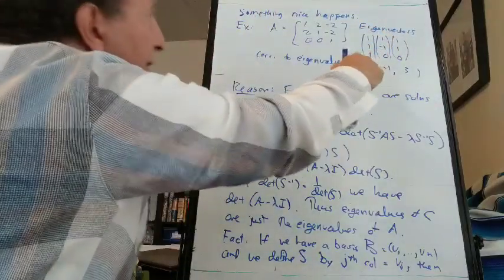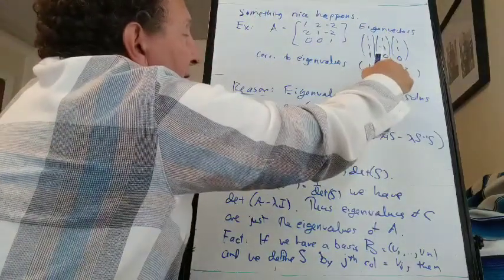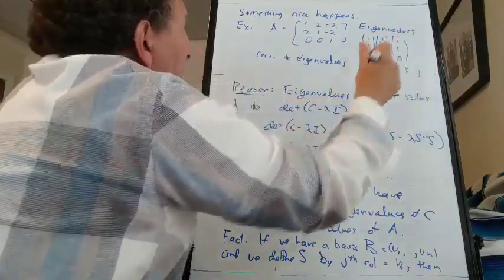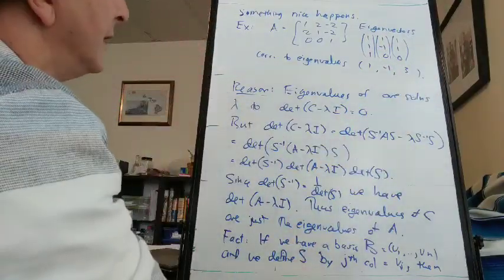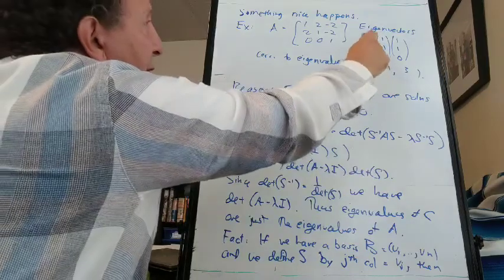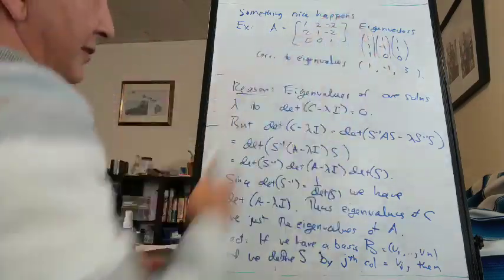So this eigenvector has eigenvalue 1, that one has eigenvalue negative 1, this one has eigenvalue 3. So let's define S to be exactly this matrix here if we erase all the parentheses.